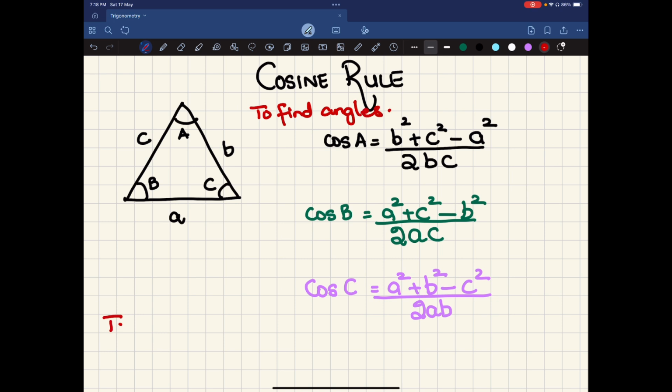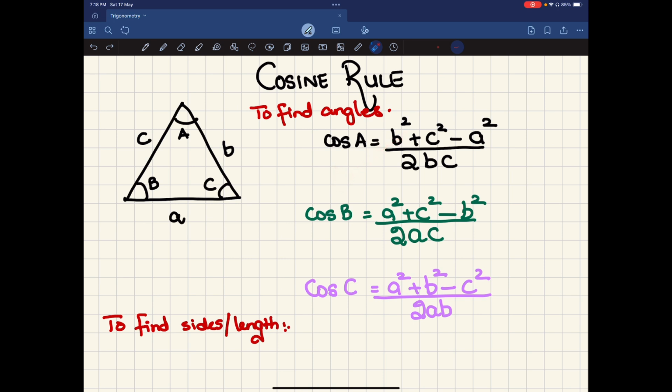Now to find sides or lengths, we have another formula, which is basically the manipulation of this very formula. Just like in the case of the sine rule, you can use this formula to find the side or length as well.